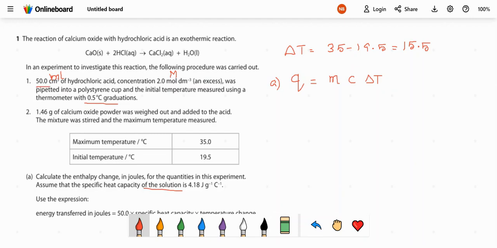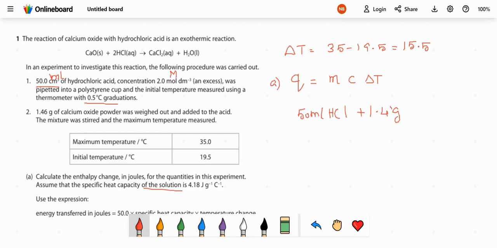50 ml of hydrochloric acid, with the concentration given, was pipetted into a polystyrene cup and the initial temperature measured using a thermometer. 1.46 gram of calcium oxide powder was weighed and added to this acid. So they have taken 50 ml of HCl and 1.46 gram of calcium oxide.